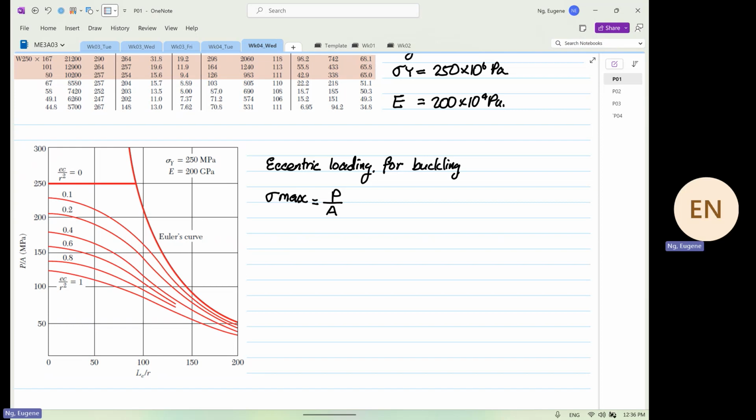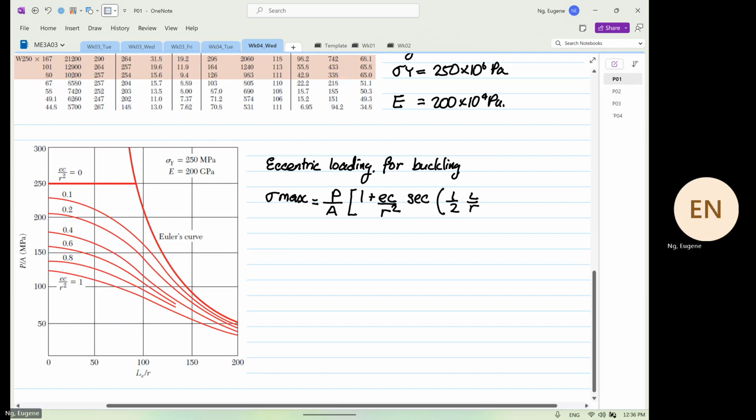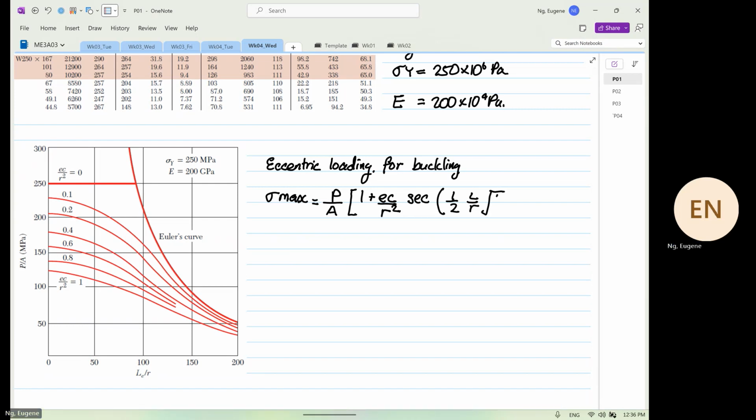So we have this expression over here: 1 plus eC over r squared, then we have secant, then we have half L over r and square root of P over EA. Okay.